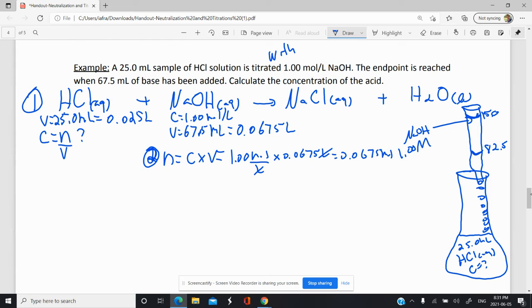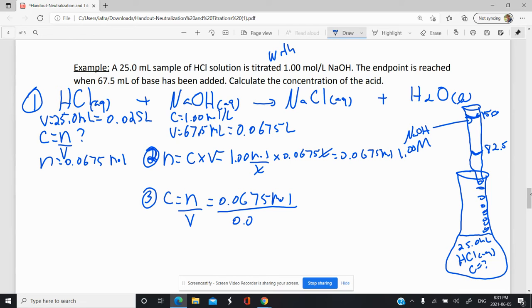0.0675 moles. Now that I have the moles of HCl, 0.0675 moles, I can find the concentration. I can do C is equal to n over V, which is equal to 0.0675 moles over the volume, which is 0.025 liters. So let's go ahead and do that in our calculator. And we get about 2.7 moles per liter.